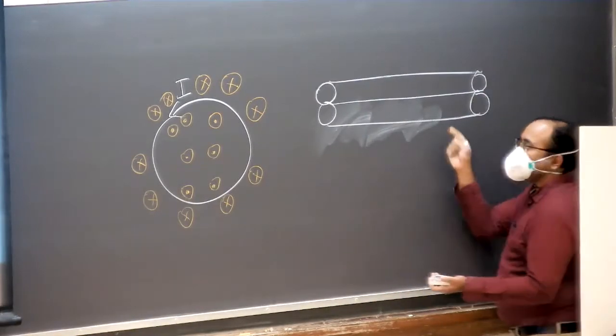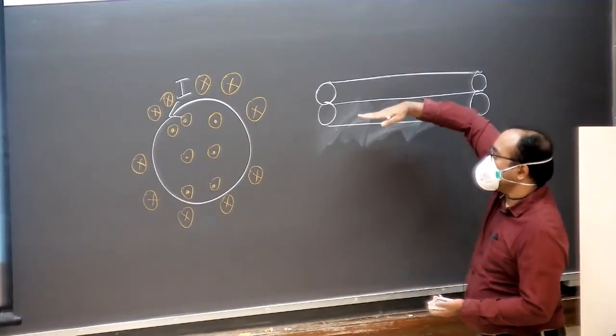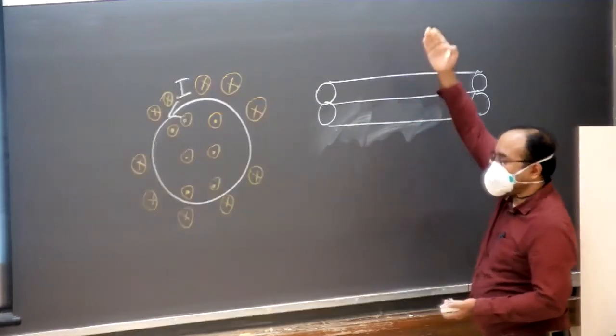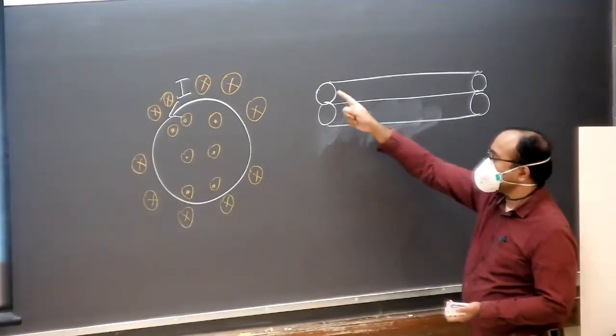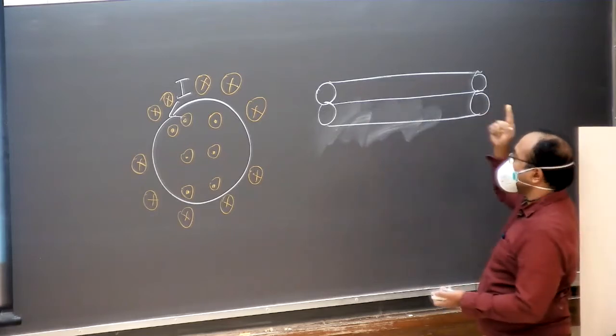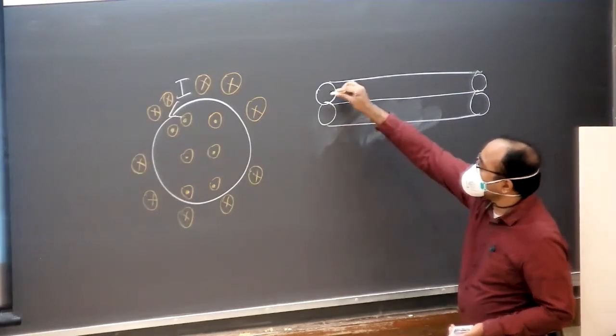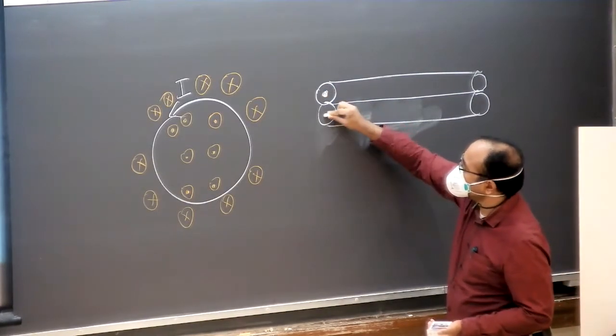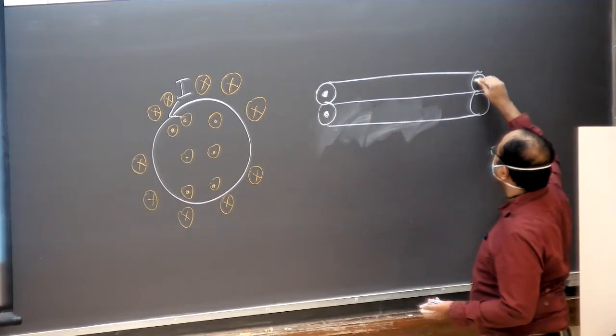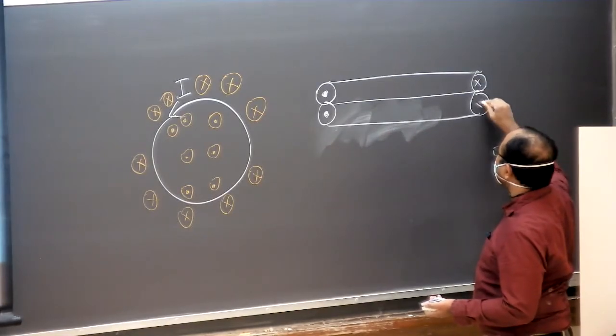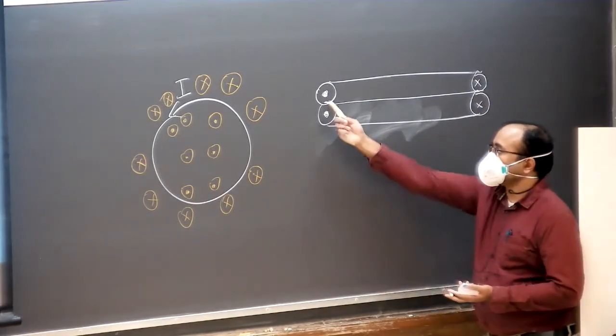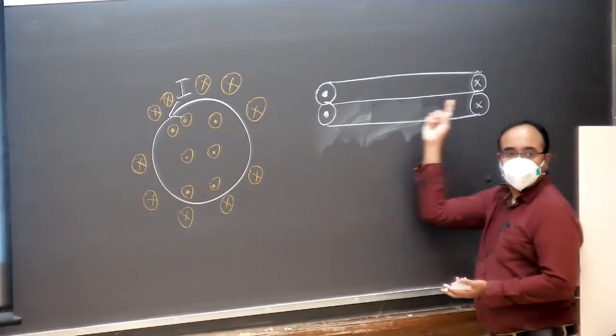The idea here is that this is the loop viewed from the side and cut in half so that you can see a semicircle. Let's say the current is coming out over here, and going in over here, so it's going like that.